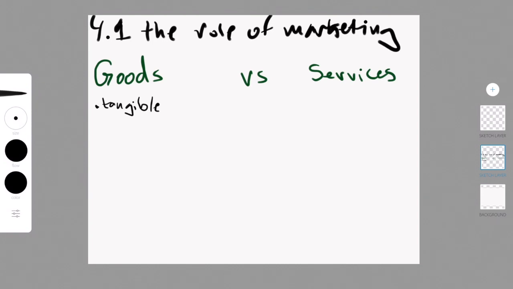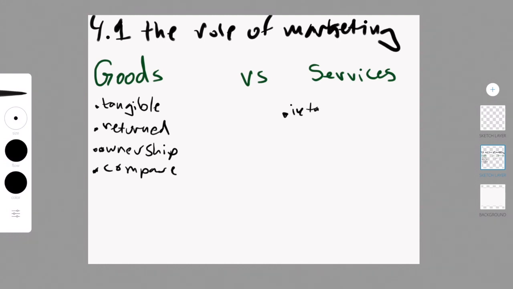Of course, this depends on the specific businesses because some companies will not let you return your products. They can be stored and consumed later. There is ownership of the product, and goods are also very easy to compare because they might be similar or have similar characteristics that are easy to contrast and say which one is better or worse.